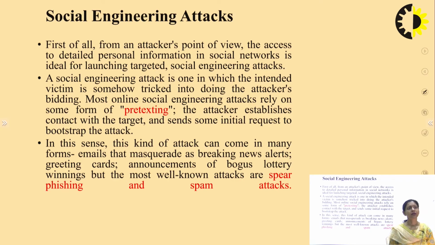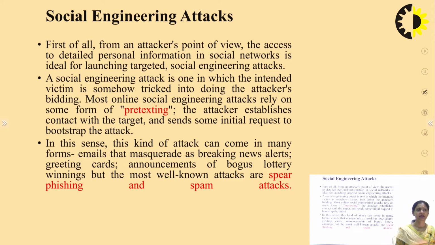Now, coming to what social engineering attacks are. From an attacker's point of view, access to detailed personal information in social networks is ideal for launching any targeted or social engineering attack. A social engineering attack is one in which the intended victim is somehow tricked into doing the attacker's bidding. Most online social engineering attacks rely on some form of pretexting.